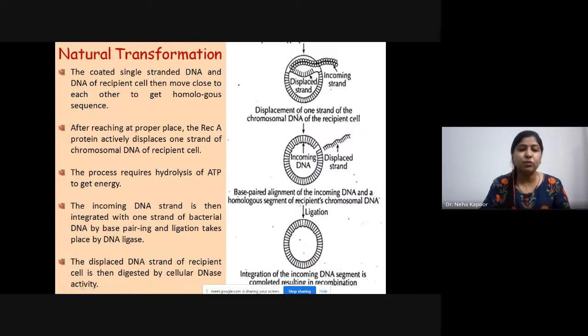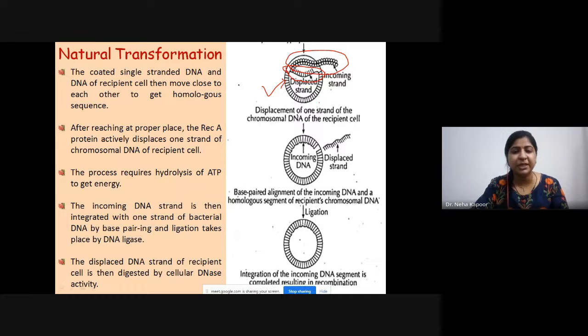So once it is coated, the next step is the coated single-stranded DNA of the donor bacteria will replace the DNA of recipient cell. As you can see, this is the coated donor DNA, and this is the chromosome of recipient bacteria. In that case, the single stranded DNA will displace this strand.